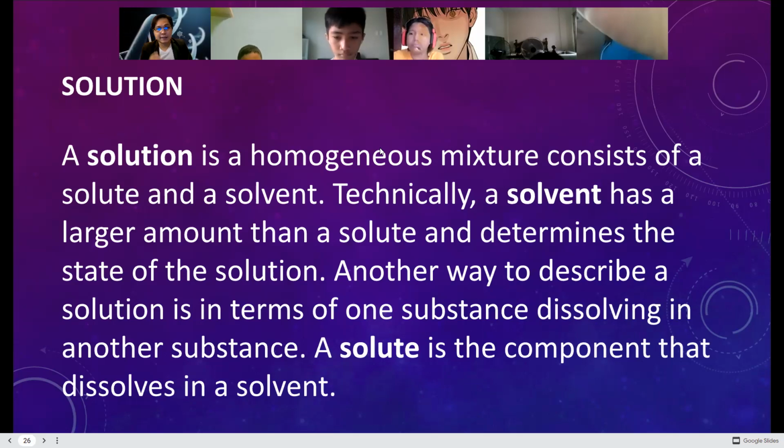The solute is the one being dissolved. Again, the solvent is the dissolving agent. The solute is the one being dissolved in a solution. Right? Any question so far as of the moment?